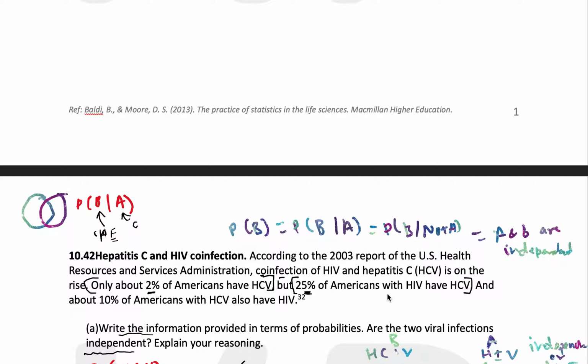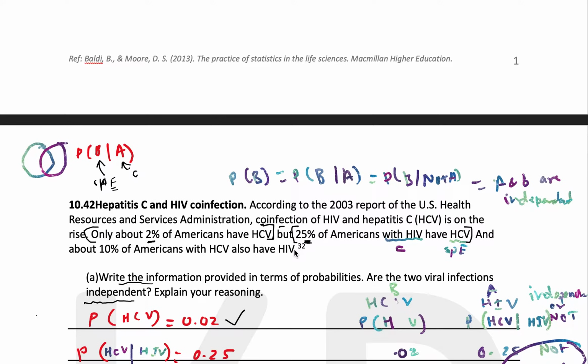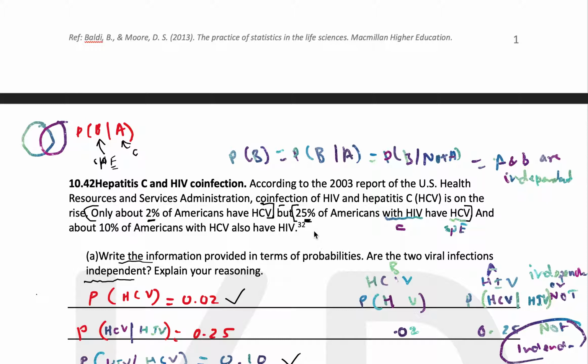So basically you're imposing a condition that those have to be with HIV. That is your condition, have HCV. So basically with HIV is your condition, and your event of interest, or I would say specific event in this case, is HCV. So HIV is your A in this case, and B in this case is HCV, and that is 25%, so 0.25.